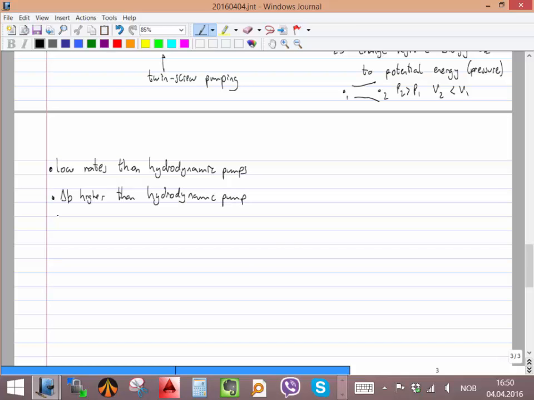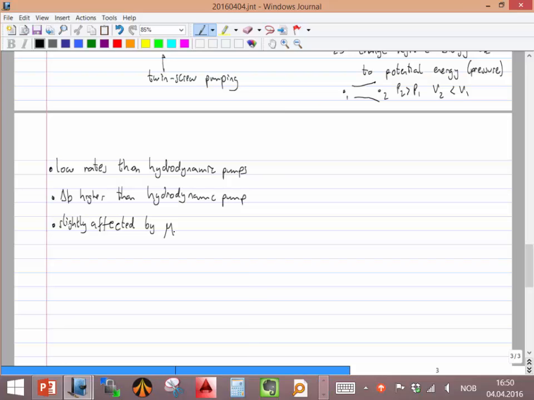That means also I can pump fluids with viscosity not affecting it, or only slightly affecting it. That is especially important now, in the future, as a lot of fields come with heavy fluids that have high viscosity. This is not so affected by high viscosities.